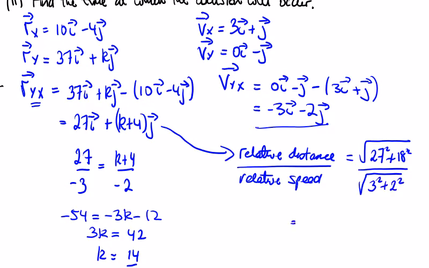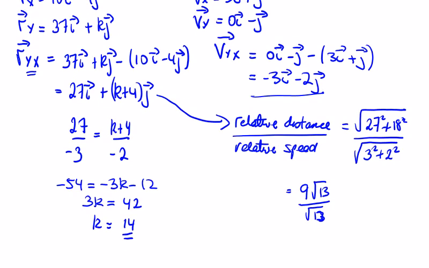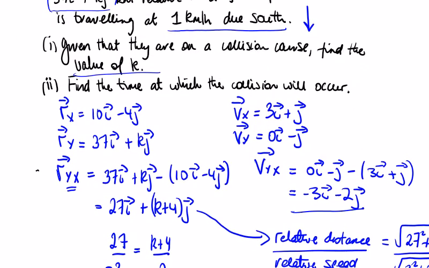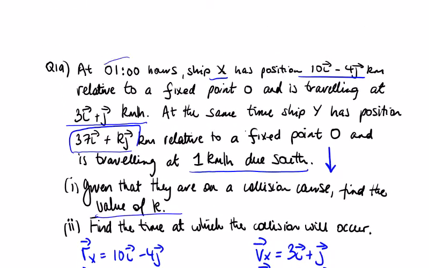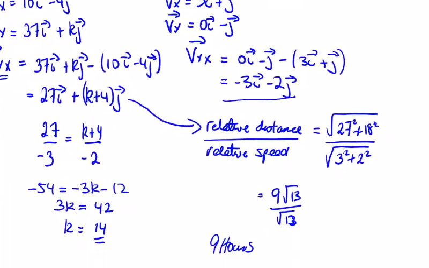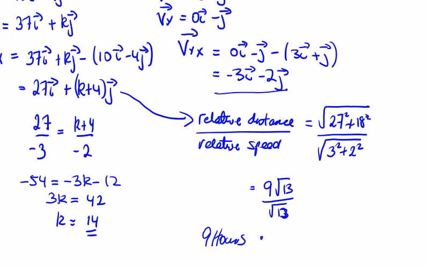That's going to give me 9 root 13 on top and root 13 on the bottom. That is a 3, so that's 9 hours, and it was 0100, add on 9, we get 10 o'clock in the morning, 10 a.m. for collision.